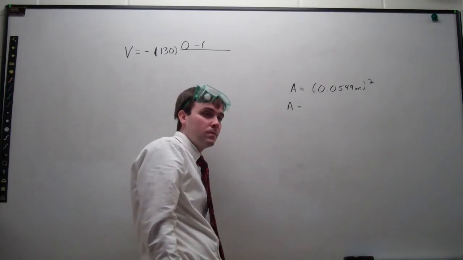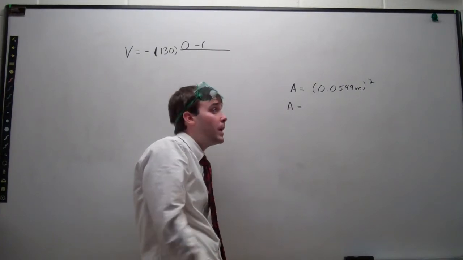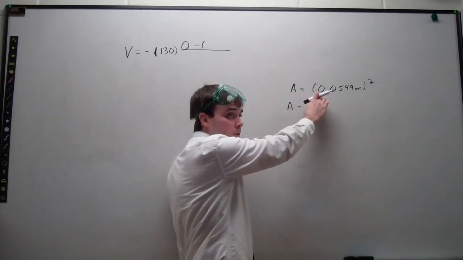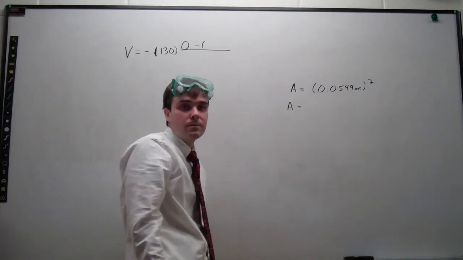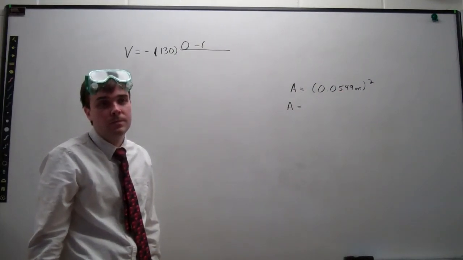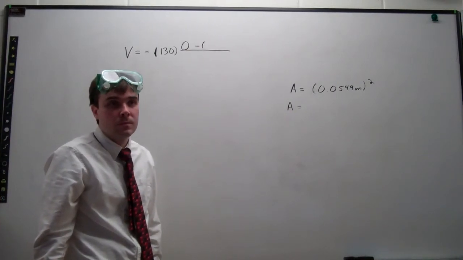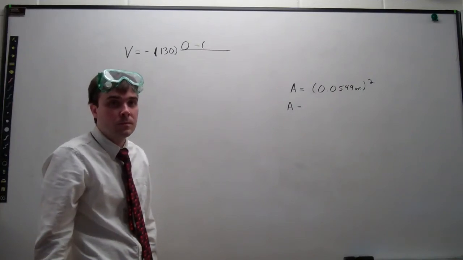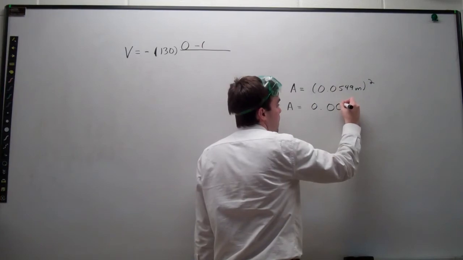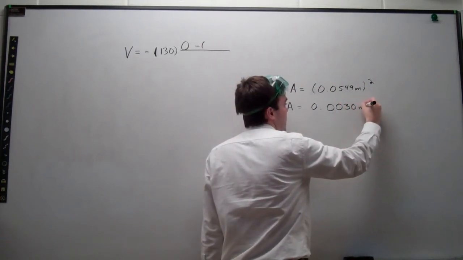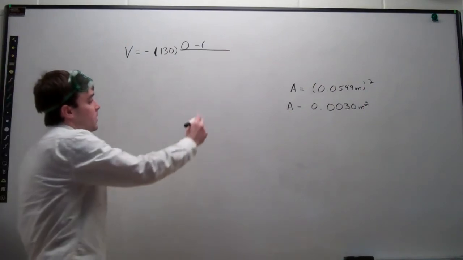It's just centimeters, not centimeters squared, so we have to convert it from centimeters to meters, and then square it to get the area. So it's 0.0030 meters squared. So that's our area.